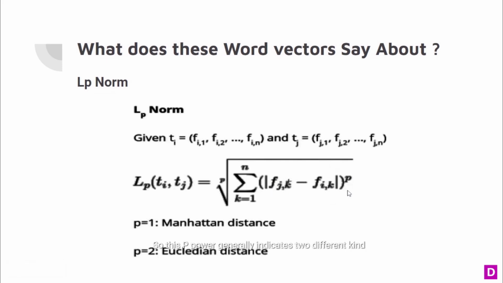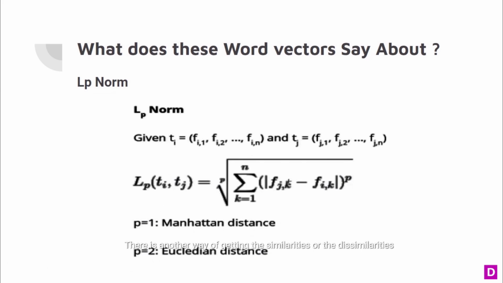This p power will generally indicate two different kinds of distances. If p equals 1, then it is the Manhattan distance. If p equals 2, then it is the Euclidean distance. Generally, we take Euclidean distance as the standard measure. So we will assume p equals 2 and compute the LP norm formula.